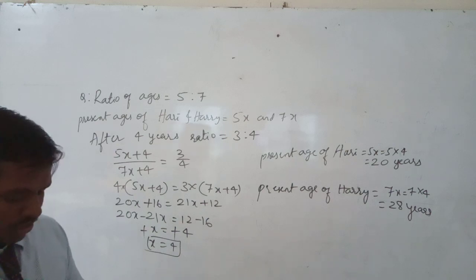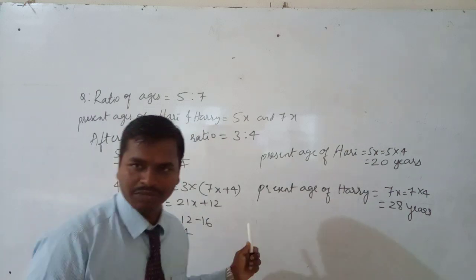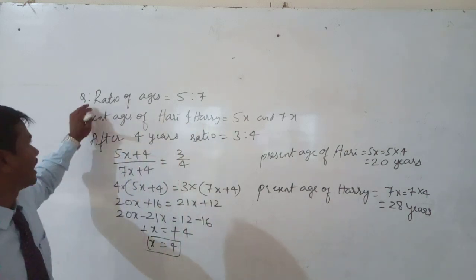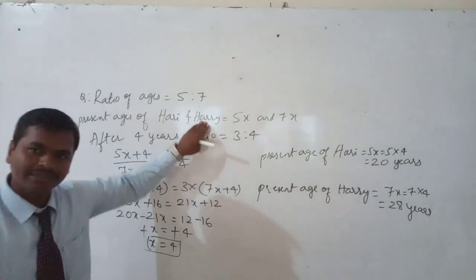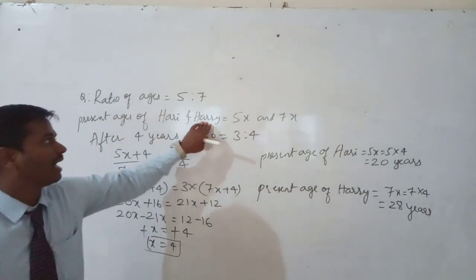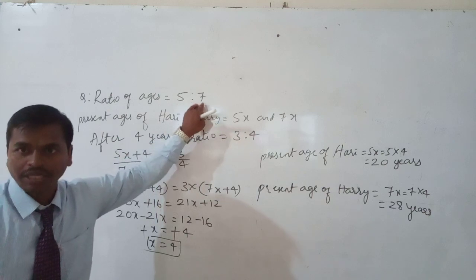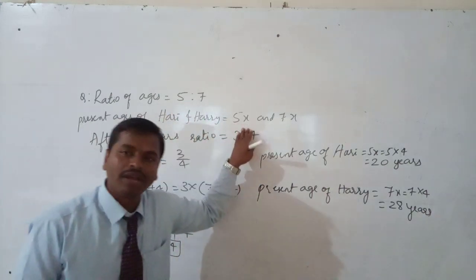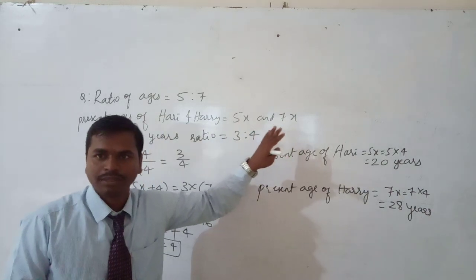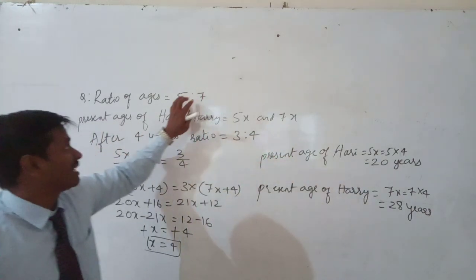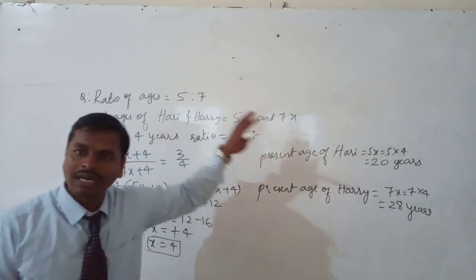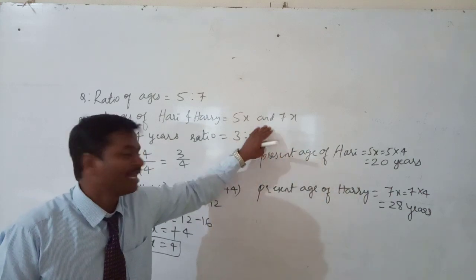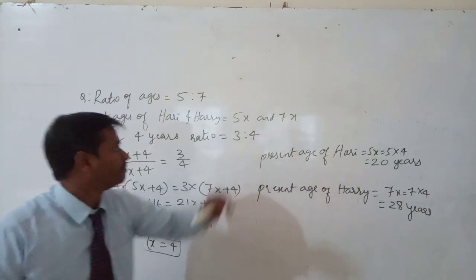First understand the question. We'll explain this once again. The ratio of ages of Hari and Harry is 5:7. Therefore, present ages of Hari and Harry are 5x and 7x, because we are converting this ratio to the actual ages. That's why we multiply one common number x.